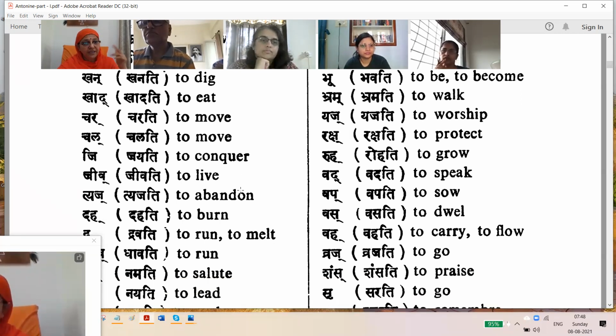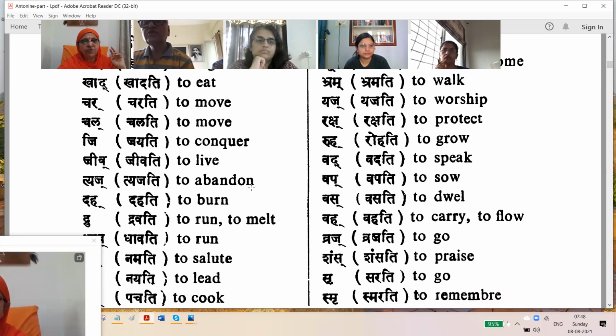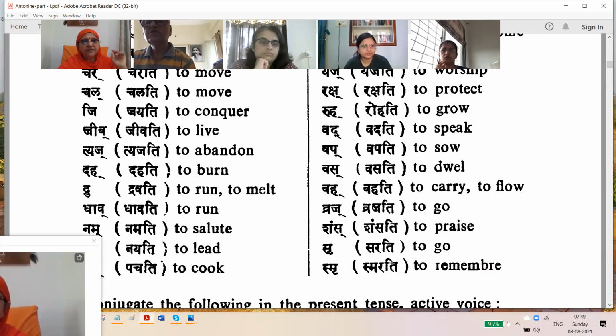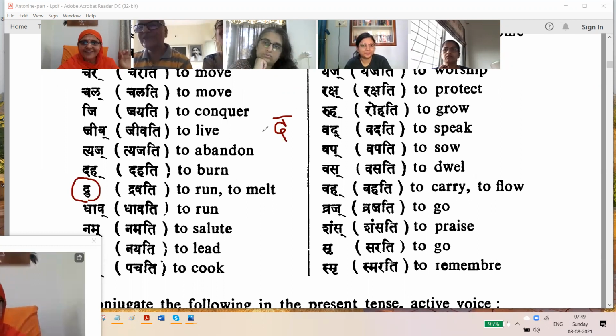Chal, chalati, again to move. Ji, jayati, to conquer. Jiv, jivati, to live. Tyaj, tyajati, to abandon. This one is good. Dah, dahati, to burn. Out of this only the word deha has come. Dahanashilaha iti deha, that which is subject to burning, which we put in the funeral fire. That's why each and every word of Sanskritam is very meaningful.